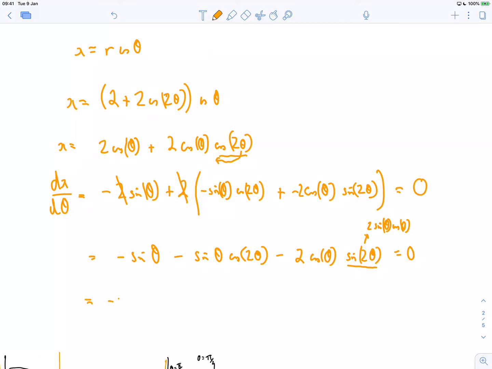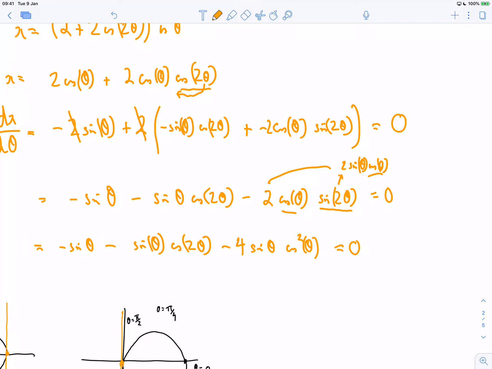So you're going to have minus sine theta lots of cosine 2 theta, and then you can have minus 2 times this 2, which is 4, lots of sine theta, but then you're going to have a cosine theta times this cosine theta, so that cos and that cos will make a cos squared of theta, which is this.